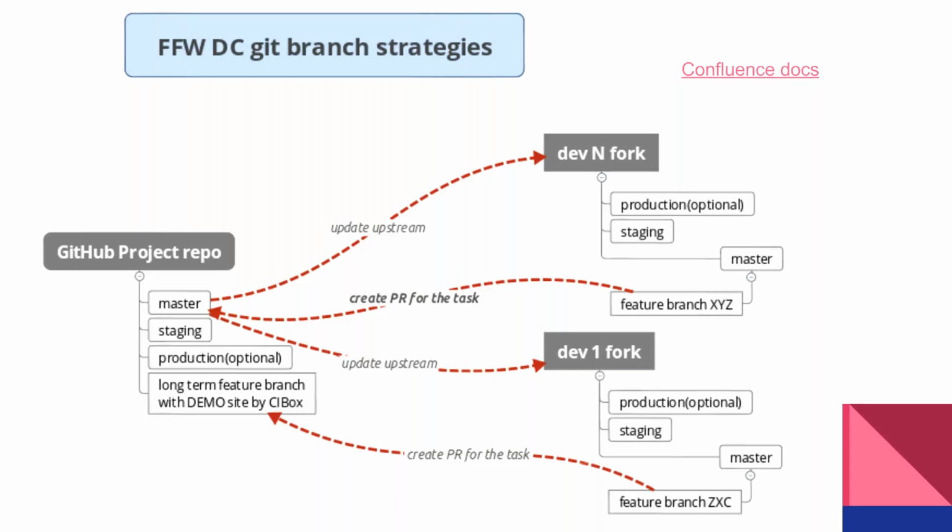And then after work is done, developers should create the pull request to the master branch of the master repository and wait for the CI part to happen. And then everything continues from task to task.